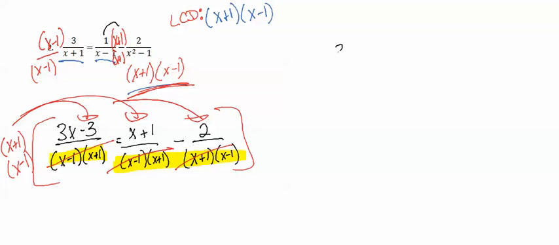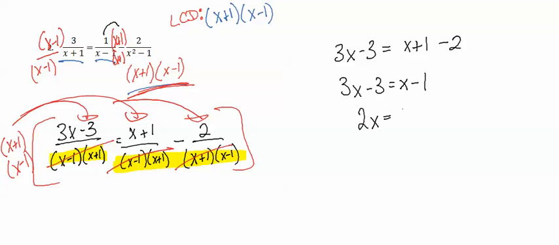So I am left with 3x minus 3 equals x plus 1 minus 2. I'll go ahead and solve. Okay. And my solution is x equals 1.